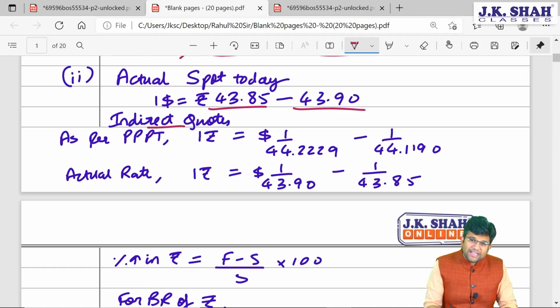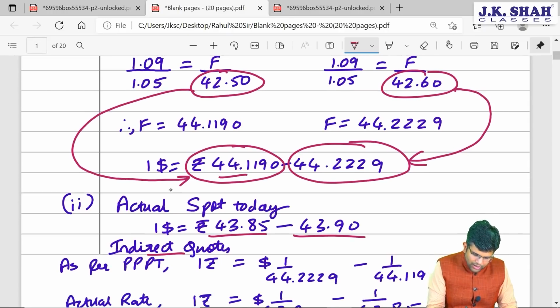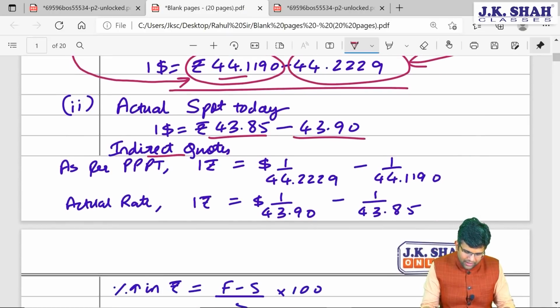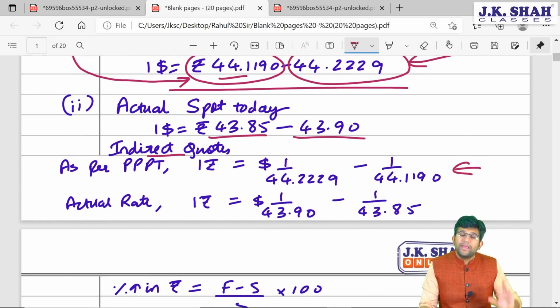So as per PPPT, $1 should have been equal to 44.19, 44.2229, which if I convert to indirect quotes, this is what the rupee should have looked. Everyone clear? It should have been $1 equal to rupees 1 upon 44.2229 dash 1 upon 44.1190.